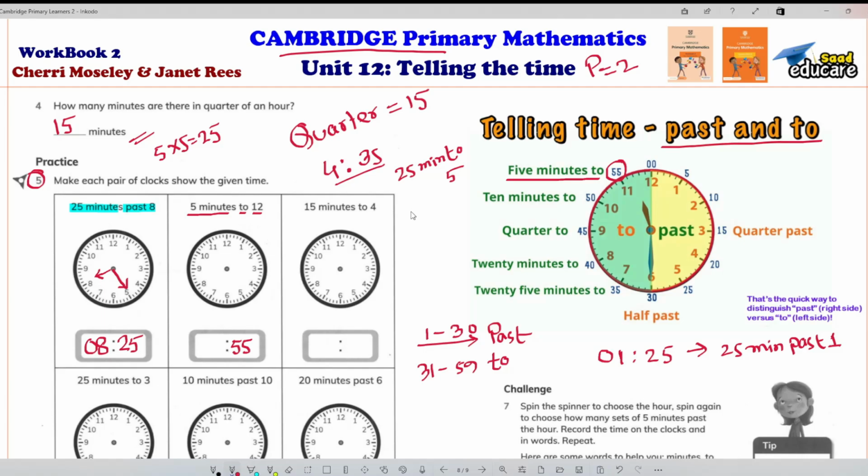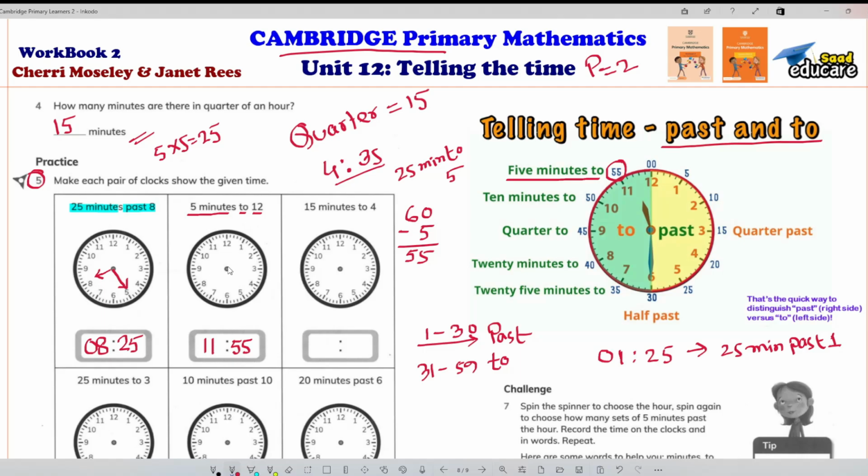You should subtract 60 minus 5, it will be 55. So 5 minutes need to become 12. So now the time is 11:55.